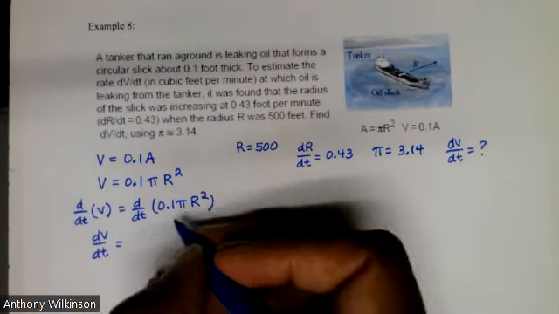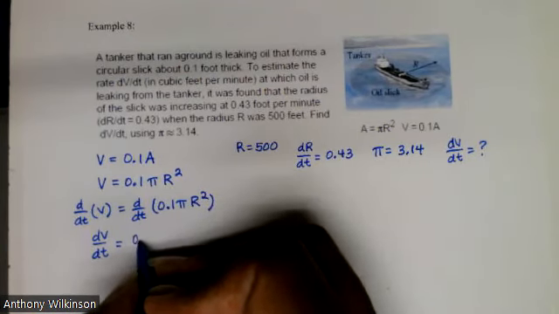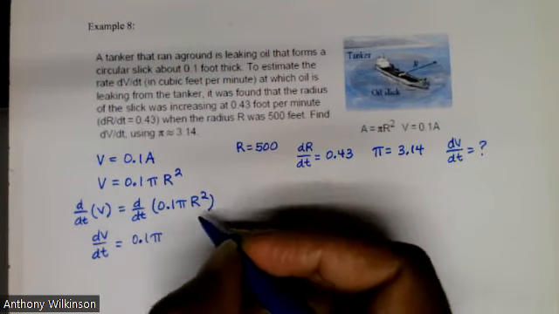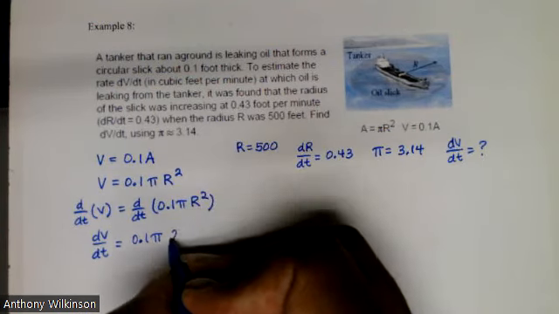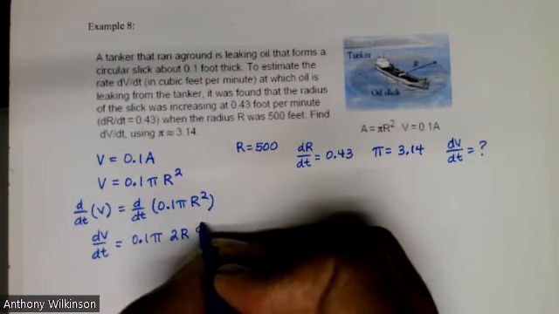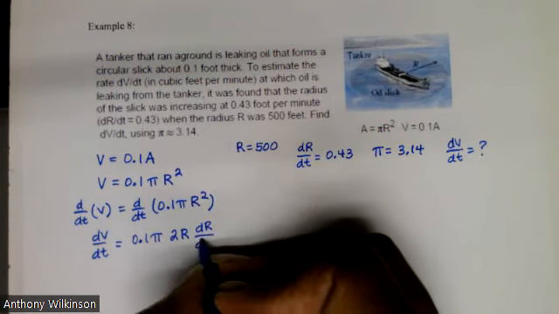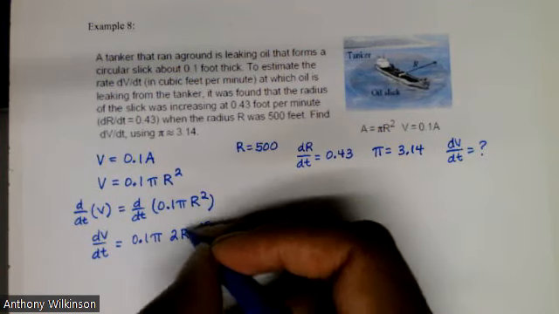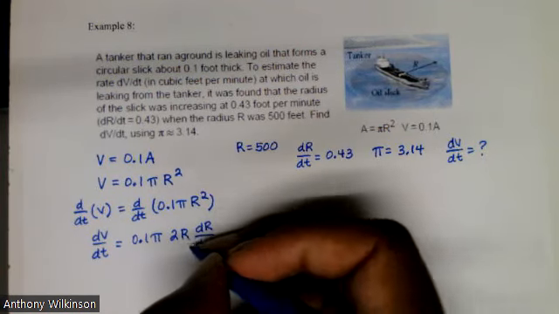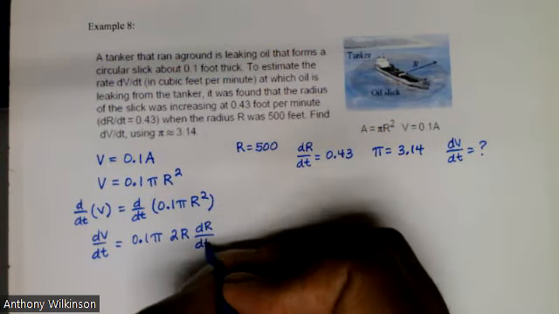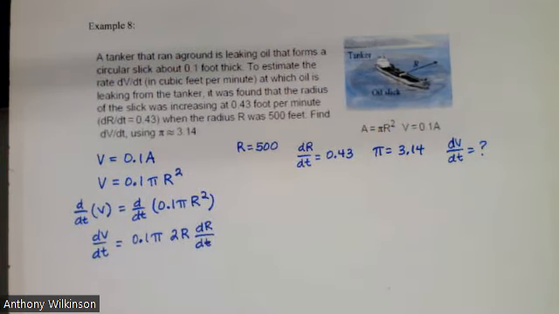That's equal to 0.1 and pi are constants, so I'll just bring those over. The derivative of r squared with respect to time would be 2r and then dr/dt. Bring the 2 down, copy the capital R to the 1 less power, and r has to be differentiated with respect to time, so that's where dr/dt comes in.